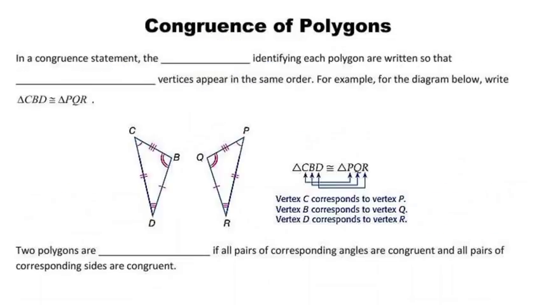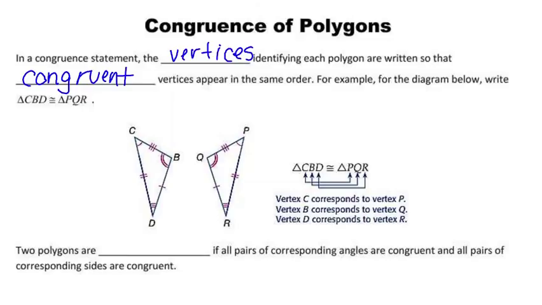So let's look a little bit more into that. In a congruent statement, the vertices identifying each polygon are written so that the congruent vertices appear in the same order. That was just like what I talked about on the other side. For example, in the diagram below, we have CBD and PQR.